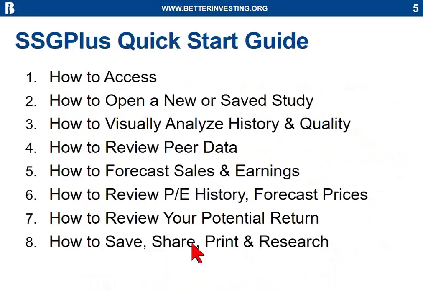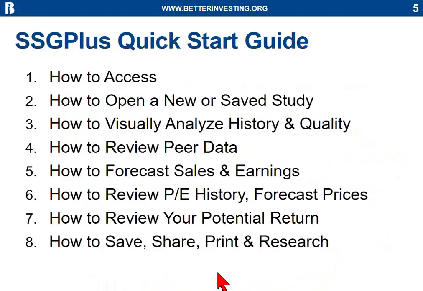So the Quick Start Guide handles how to access the SSG Plus, how to open a new or saved study, how to visually analyze your company's fundamental data history and some quality indicators, how to review peer data and change your peers, how to forecast sales and earnings, how to review that price to earnings or PE history and use that information to help you forecast your prices, and then how to review your potential return after you've finished your forecasting.